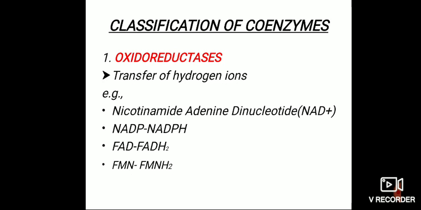NAD plus, which is in the oxidized form, takes up the electrons and becomes reduced, and after the reduction it will help the substrate to be converted into the product, and again in some next reaction that NADH will get oxidized and donate its electron, and the substrate will be converted into the product in presence of the enzymes.